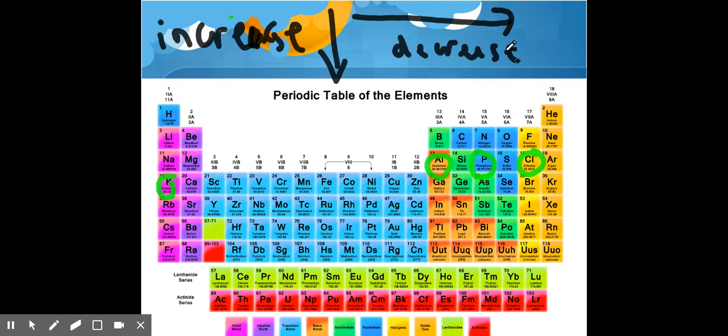So the smallest element is going to be the one with the least number of electron shells, so the furthest up on the periodic table, and it's going to be furthest to the right.